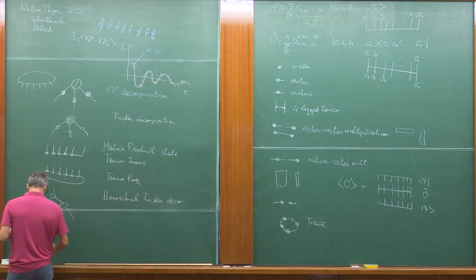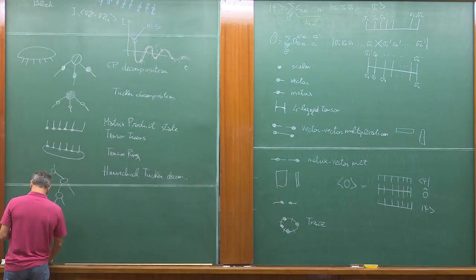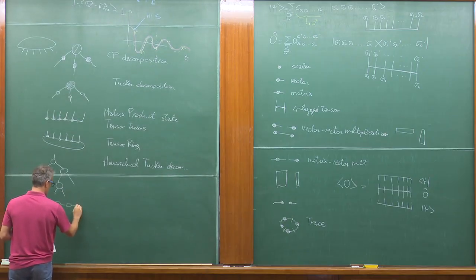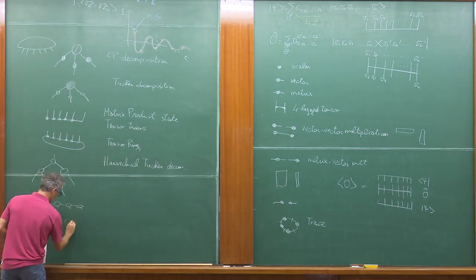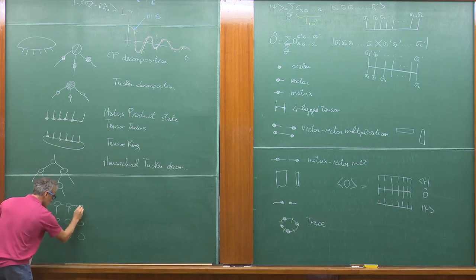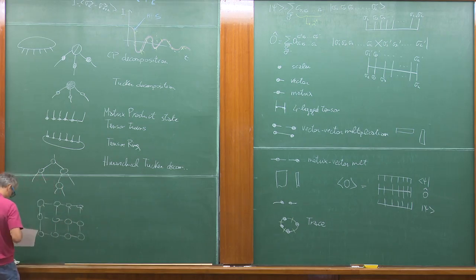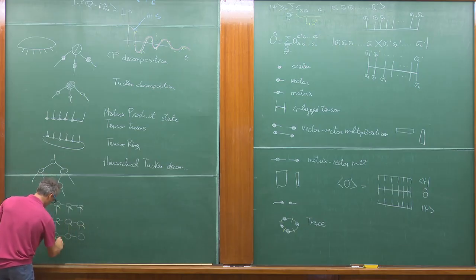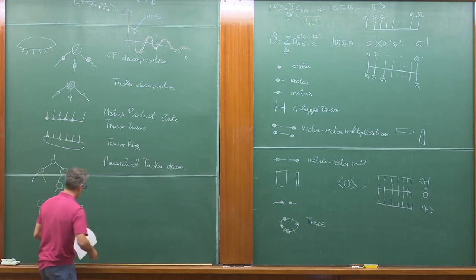And then a very famous one in physics is what we call PEPS, for 2D systems. Okay, so it's tensors coupled together with the physical index coming out.